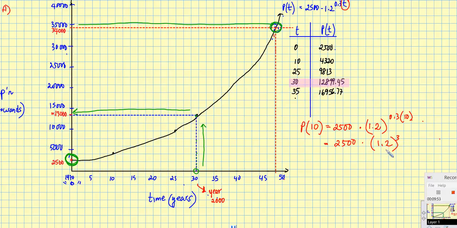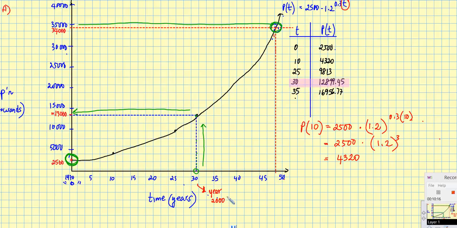I then do 1.2 raised to the power of 3, and then that gets multiplied to 2500, and that should give me 4,320. And that's what I did all along here for the rest of them. Afterwards, I'll show you how to do this just on your calculator so you don't have to work it out individually for all of them.